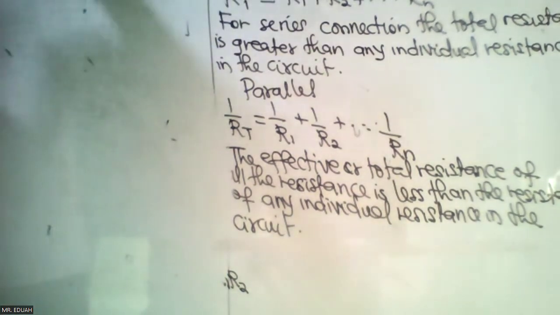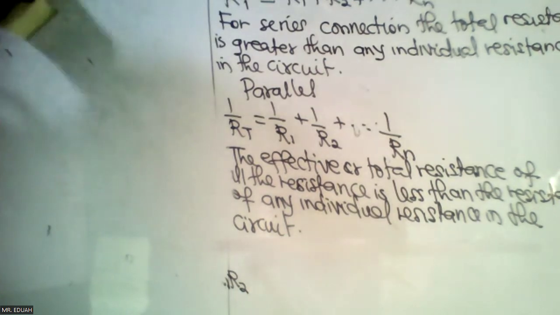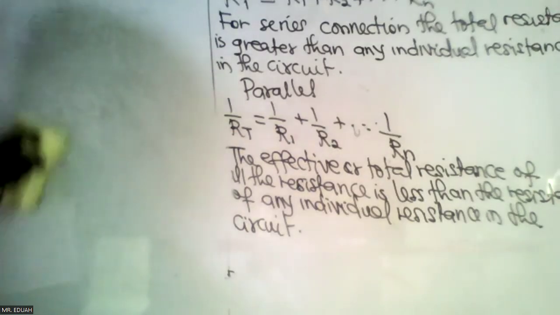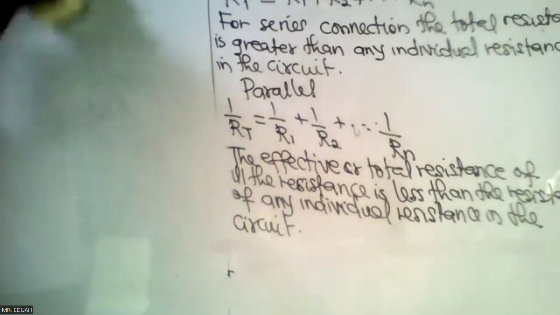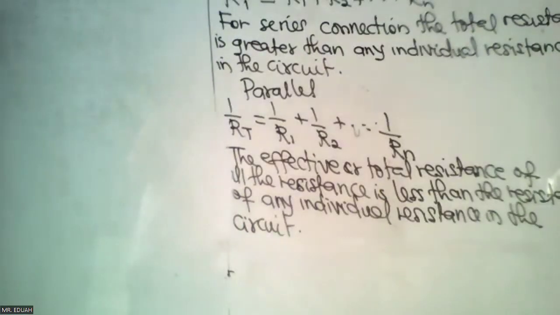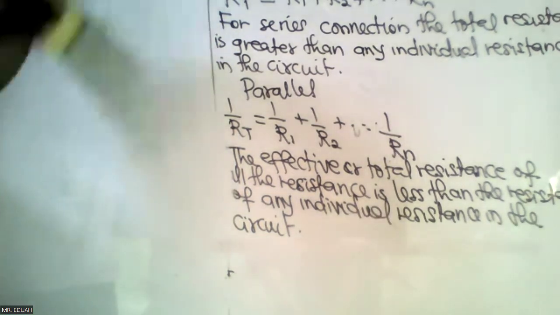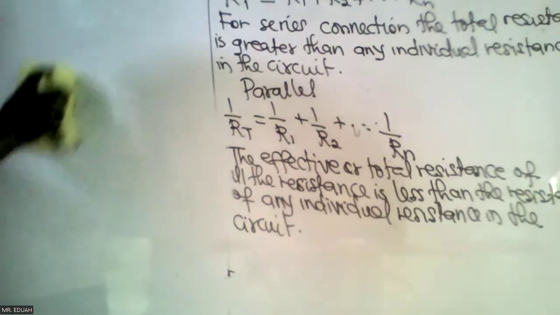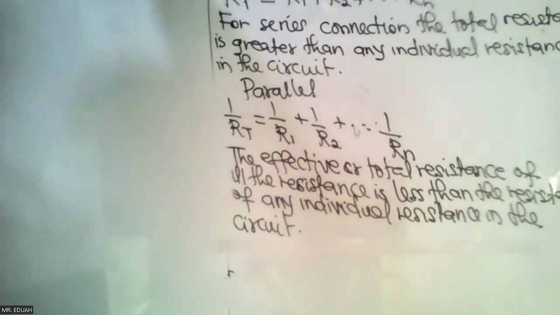Now, loads can refer to appliances, any device that utilizes or makes use of current. So when you have loads or resistors connected in series, for example, bulbs connected in series, the advantage is that because the same current flows through them, they are all given the same level of brightness.